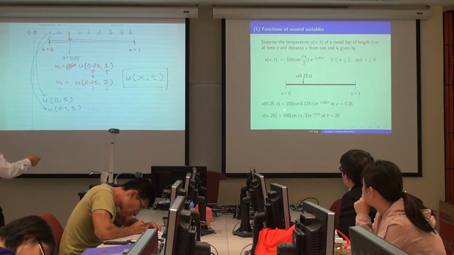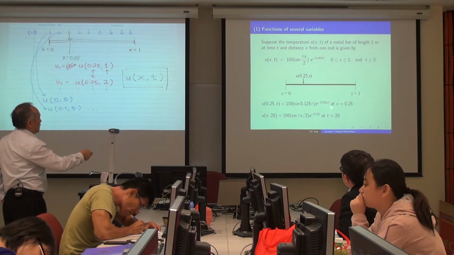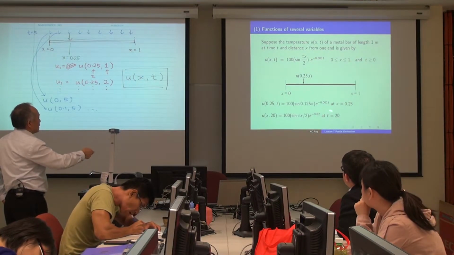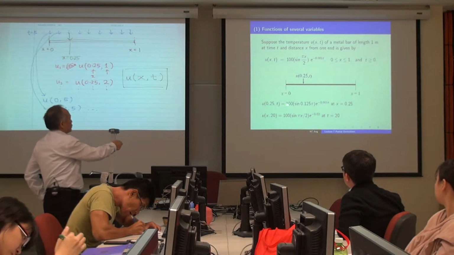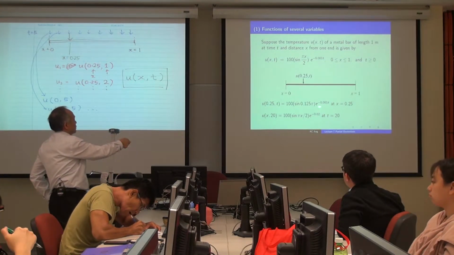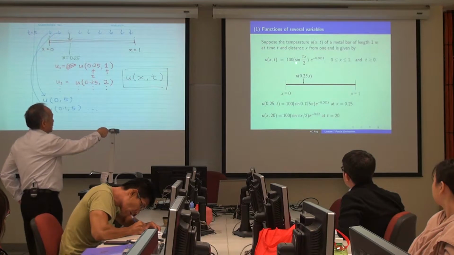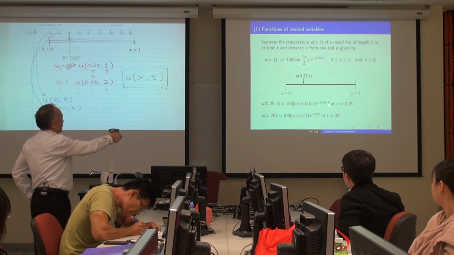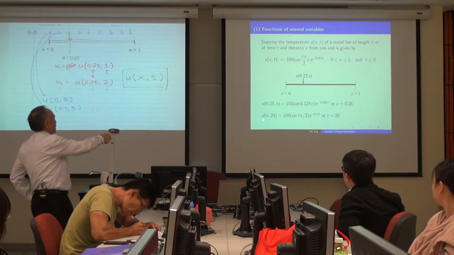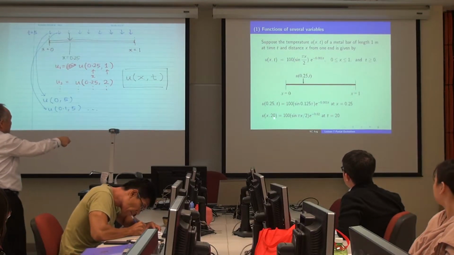For U at (0.25, t), we can write down the function. Because we have already fixed x to be 0.25, we can get rid of the x and write a simpler function of only one variable. Or we can put down U at (x, 20).